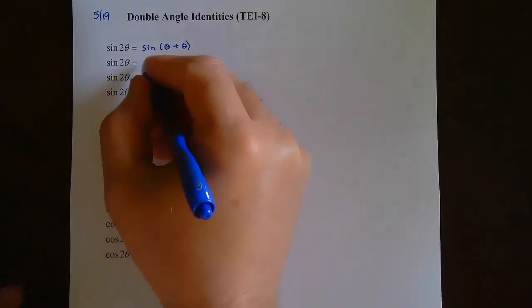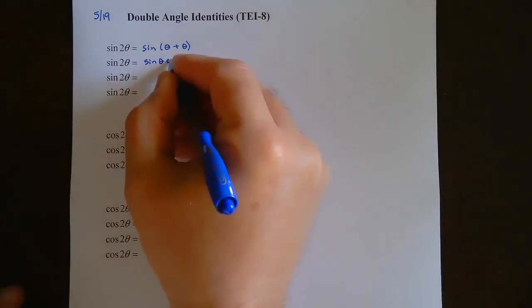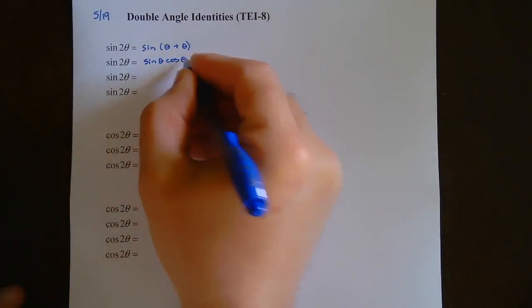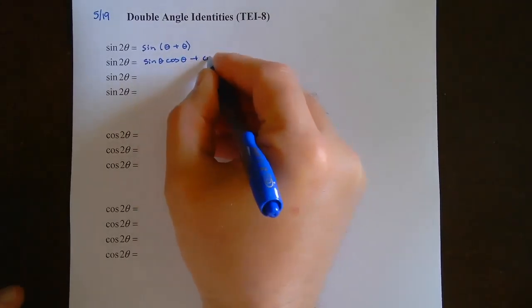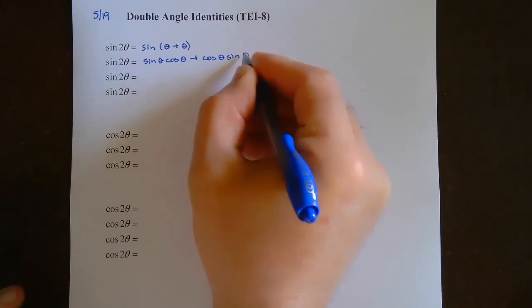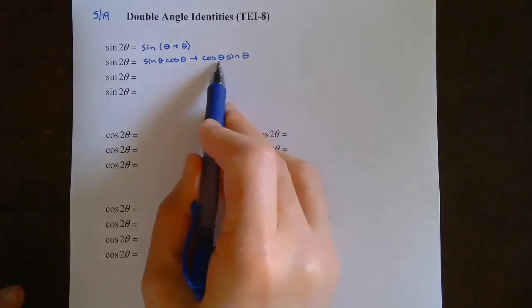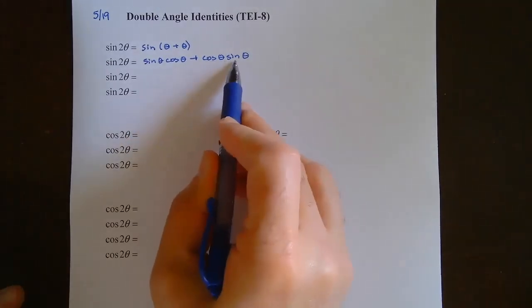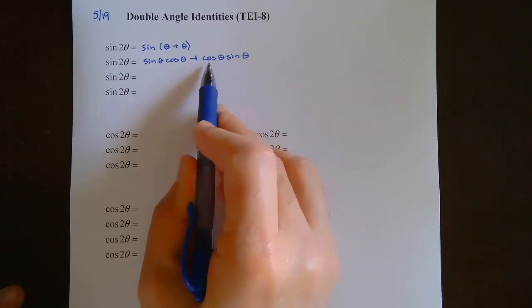So this is sine theta cosine theta, plus cosine theta sine theta. Right here it doesn't matter the order because this means multiplication, cosine theta times sine theta, so it doesn't matter which one we write first. We can rewrite this and put sine theta first.